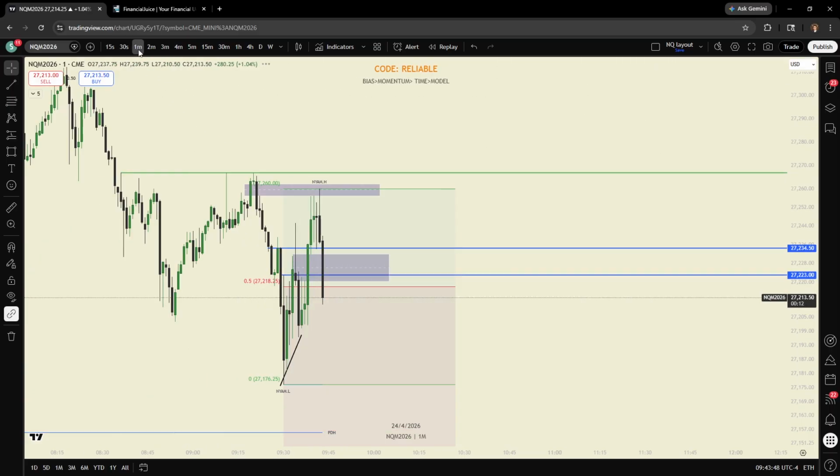Damn. Why is it such a fake? Hey, we still got the trail liquidity. Well, the break even saved.